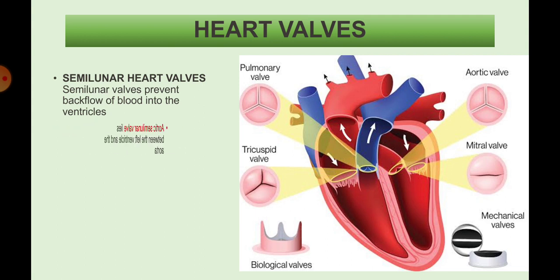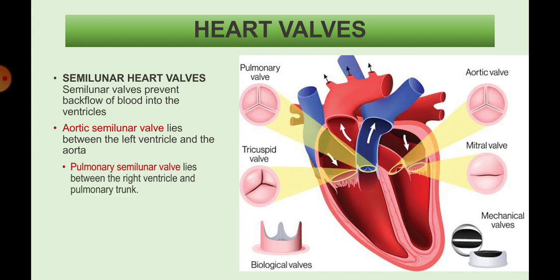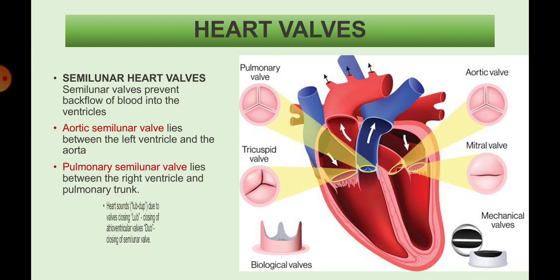Semilunar valves prevent backflow of blood into the ventricles. The 2 types of semilunar valves are the aortic semilunar valve and the pulmonary semilunar valve.